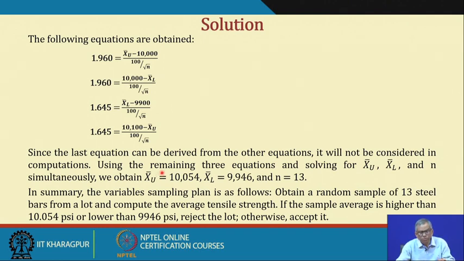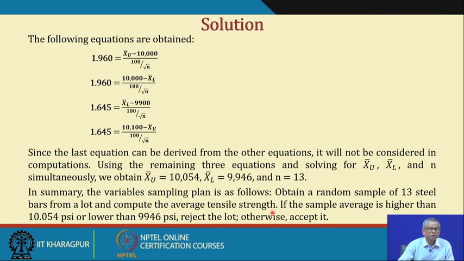So here when you solve these three simultaneous equations, you get a value of xu bar as 10,054, xl bar as 9946, and n equal to 13. So in summary, the variable sampling plan is as follows: obtain a random sample of 13 steel bars from a lot, that is the sample size, and compute the average tensile strength, that means the actual value of x bar.